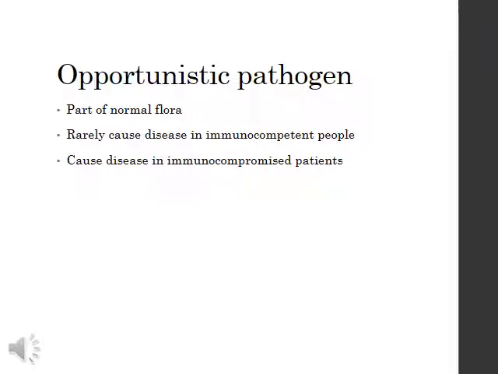When a patient becomes immunocompromised, or in an aged person, opportunistic pathogens or normal flora are sometimes involved in the disease-causing process. So in short, opportunistic pathogens are those microscopic organisms which can cause disease by getting an opportunity.